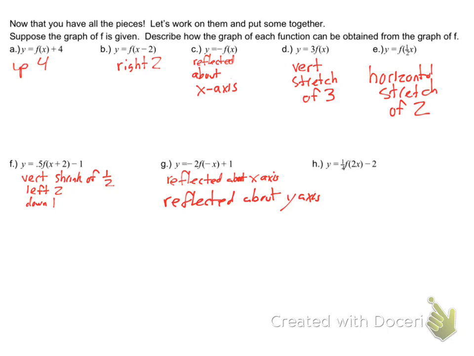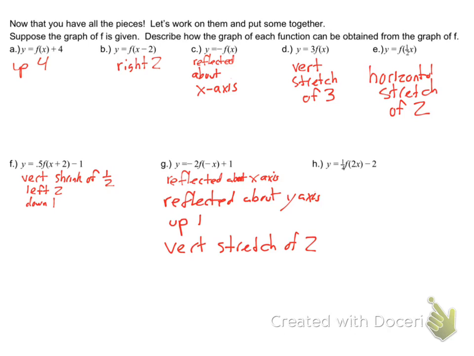And the last piece says we are going up. Oh, yep, sorry, we forgot to talk about that. It's going up one, and it's a vertical stretch of 2. So the negative on that 2 just tells us that it's reflected about the x-axis. The 2 still needs to be stated, vertical stretch.